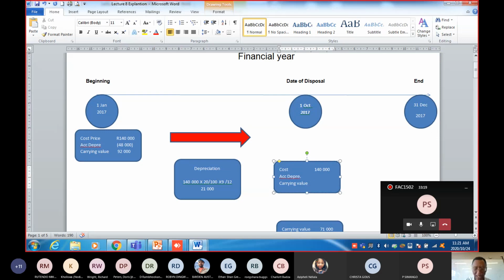And on the date of the asset realization, your accumulated depreciation is now 69,000, which is the 48 plus the 21, resulting in a carrying value. And your carrying value on the date of the asset realization is therefore 71,000. Carrying value is once again cost minus accumulated depreciation.